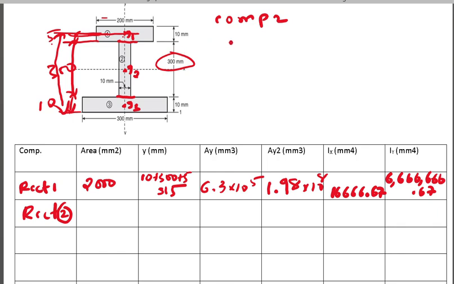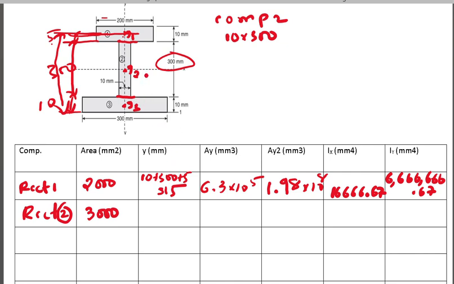What is the width of component 2? Width is 10. And what is the depth? Depth is 300. So 300 into 10, the area will be 3000.